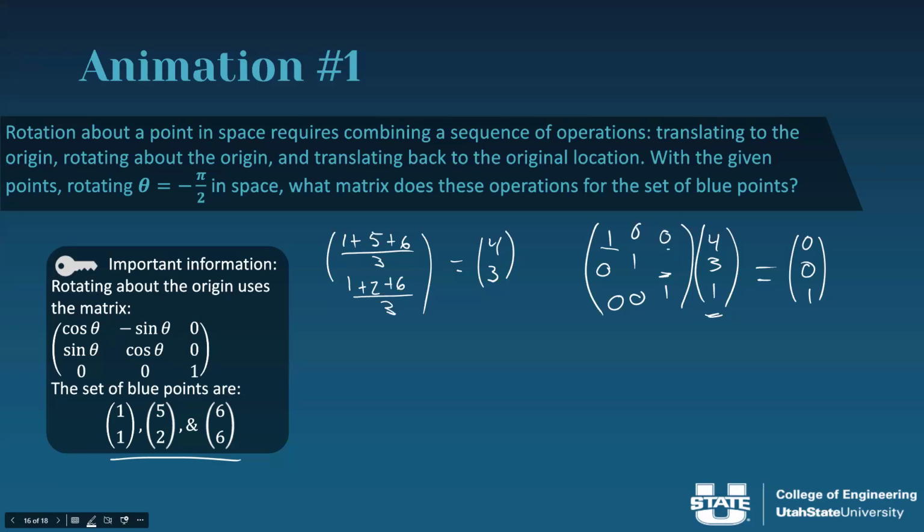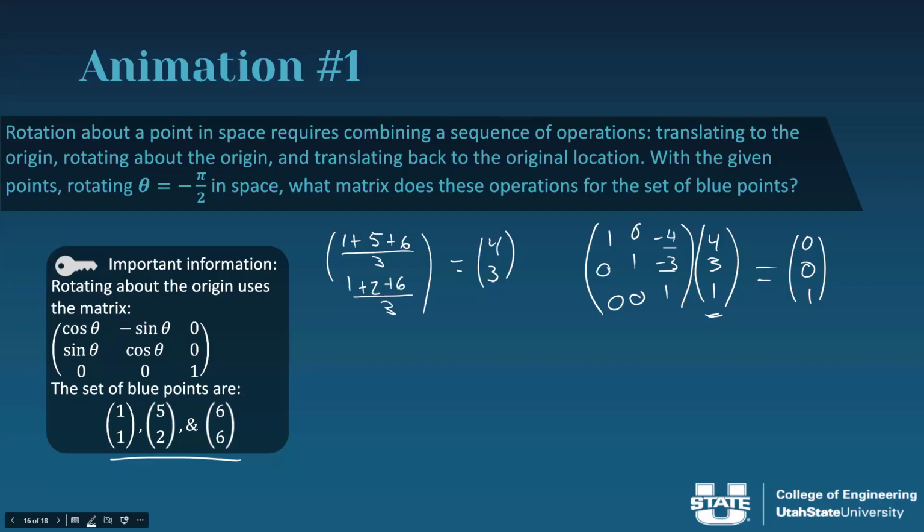So that's why I'm going to put my translation into these two spots. Now, what do I need to put in these two spots so that I can move the point 4, 3 into 0, 0? -4 and -3. Perfect.